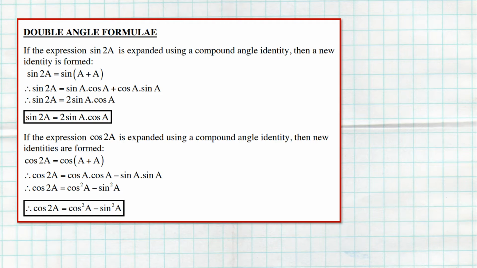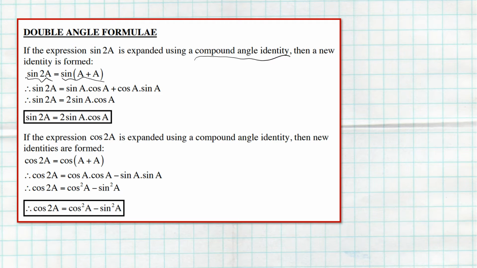If the expression sine 2a is expanded using a compound angle identity, remember in session 2, our part 2, we focused on compound angle identities, then sine 2a is equal to sine (a plus a), because 2a is a plus a. We know we can expand this sine (a plus a) using the compound angle identity.